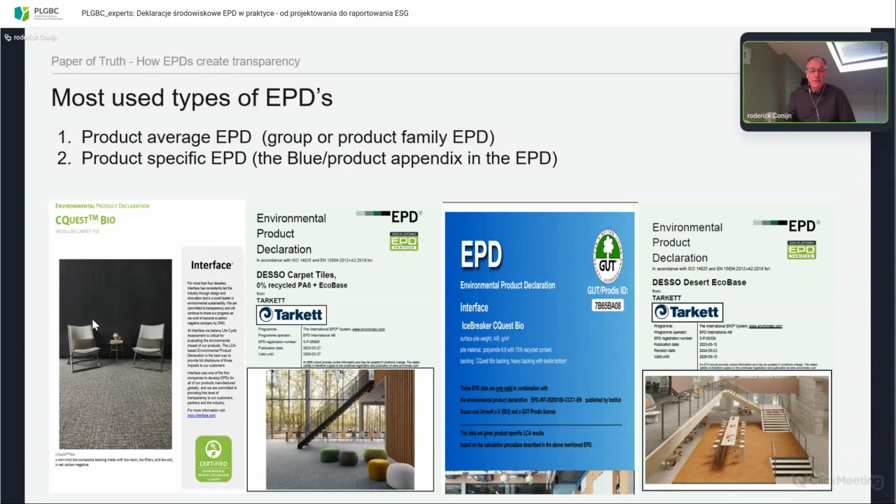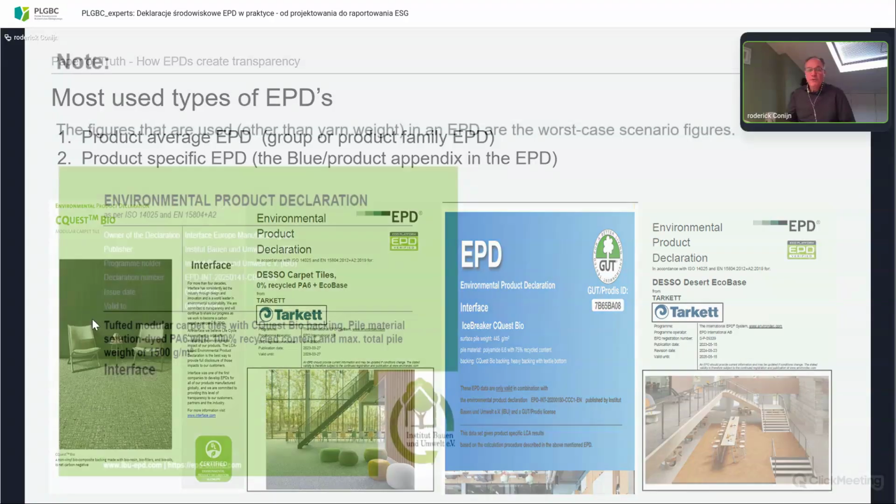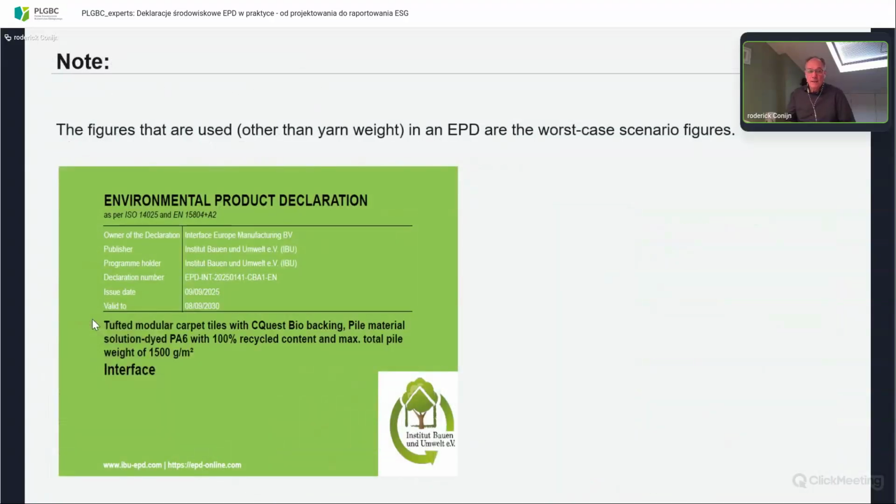And as you can see, they all look different, but the data in those documents will be the same, made up by the same parameters of the two ISO norms, which I already mentioned. So if you start working with an EPD, know that the numbers are always from a worst case scenario.